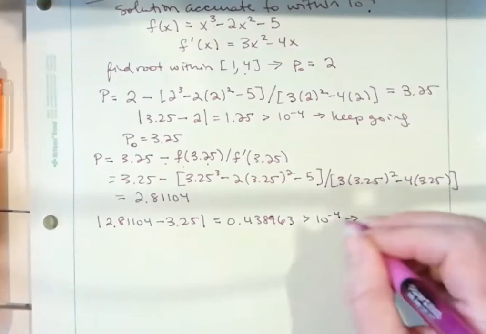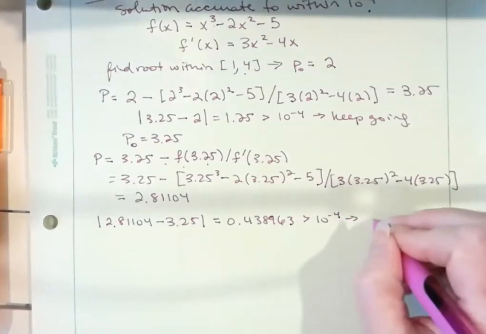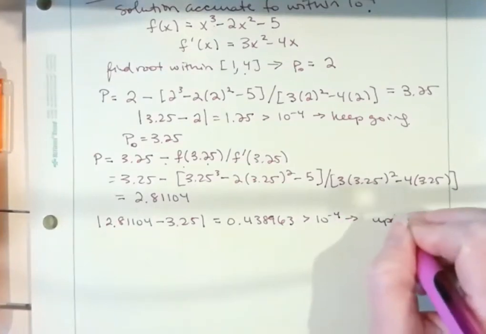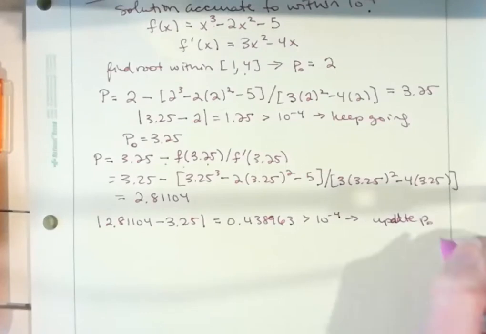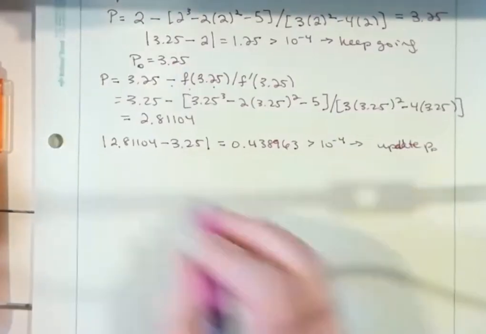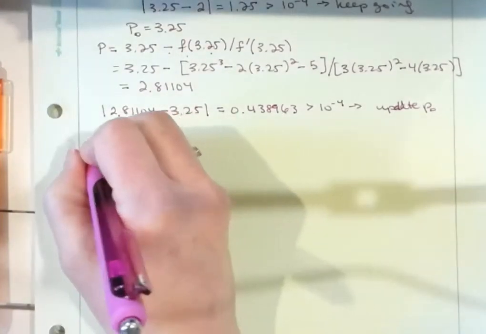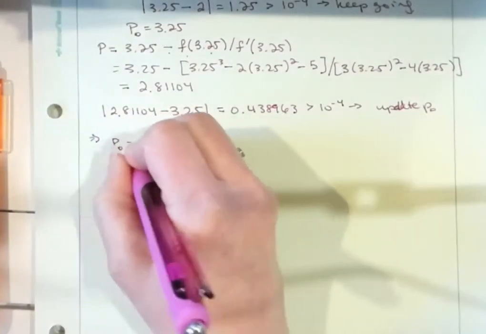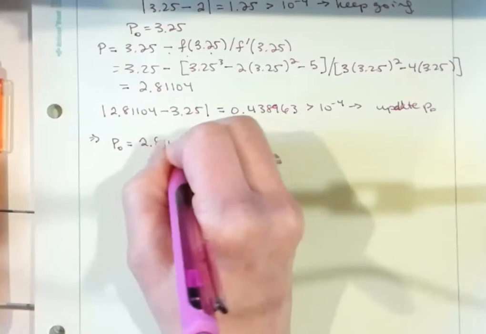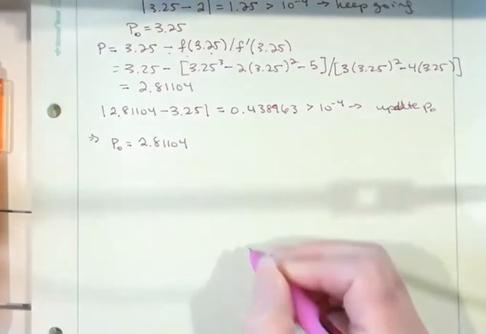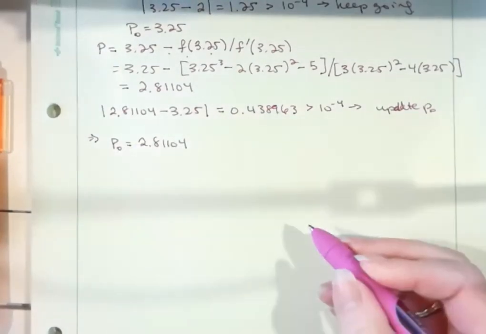So that means we need to keep going and we need to update P0 again. Okay. So this next one will be iteration 3. So now we'll say P0 is equal to 2.81104. And then you do that process over again.